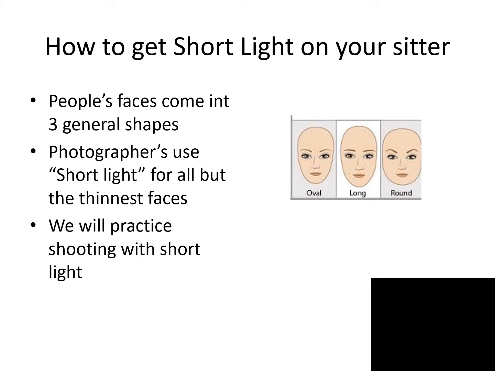Another kind of light, which we call long light, is only used on a narrow face. If I'm going to teach you one kind of lighting pattern, I'm going to teach you short light because it will flatter the faces of most people you come up against.